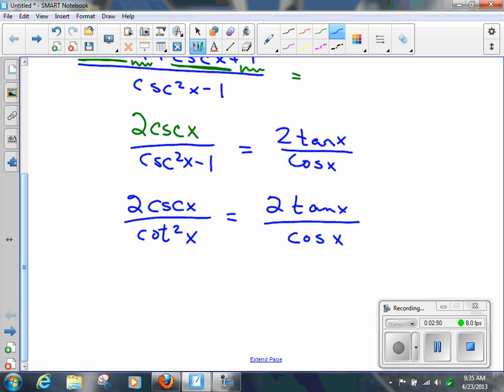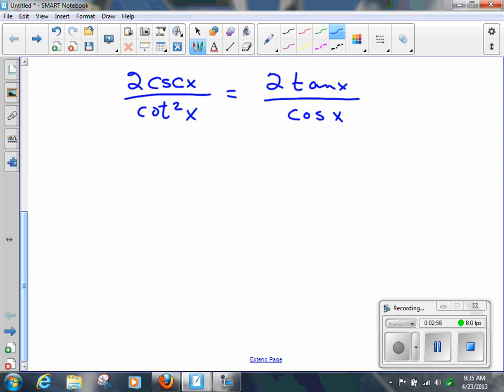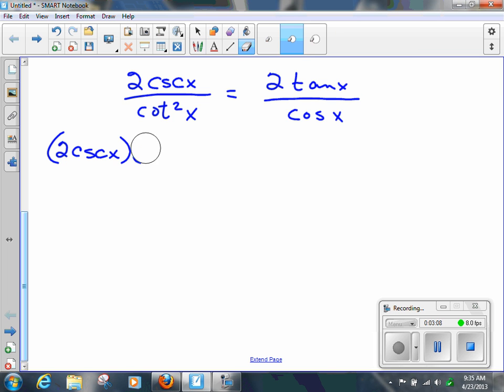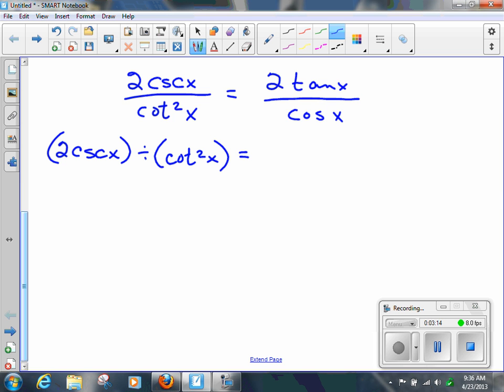Now, of course, I'm standing before you and I see a different way I could have gone, because I could have cross multiplied at this point, okay? I'm going to go old school though. 2 cosecant x divided by, my fault, cotangent squared x, okay? What is cosecant x? It's 1 over sine.